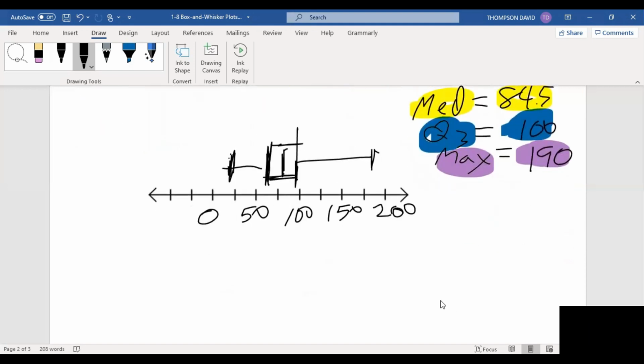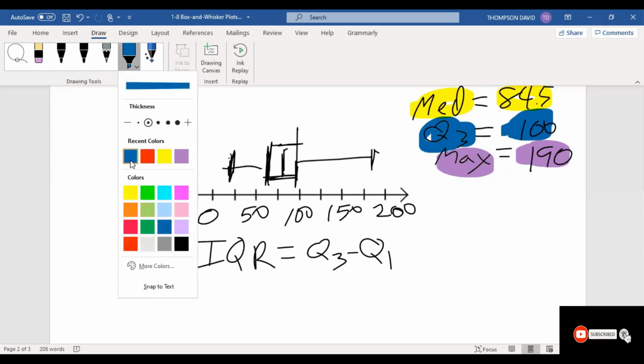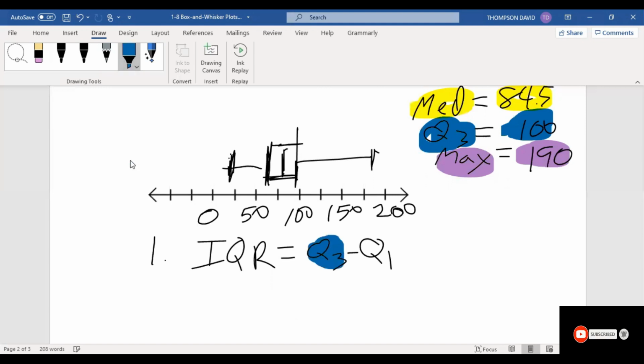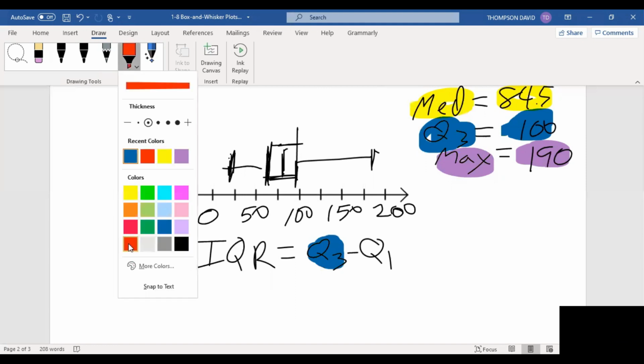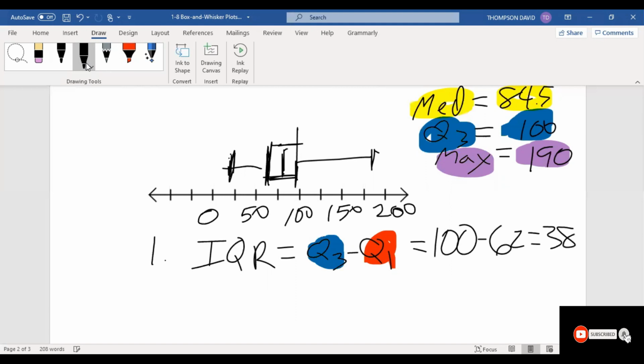So recall the first step in finding outliers is find the IQR. So that'll be just Q3 minus Q1. Q3 we use blue, and then Q1 we use red. And in this situation it is 100 minus 62, which is 38.